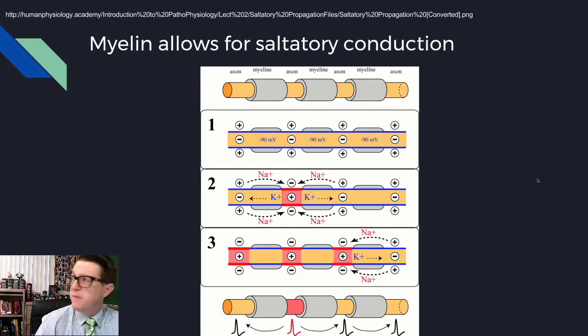Why do we care about this myelin stuff? Because it turns out myelin allows for the propagation, or a more rapid propagation, of an action potential. So what we would normally have is a depolarization, then a depolarization, then another, and another, and that would move along at a certain speed.